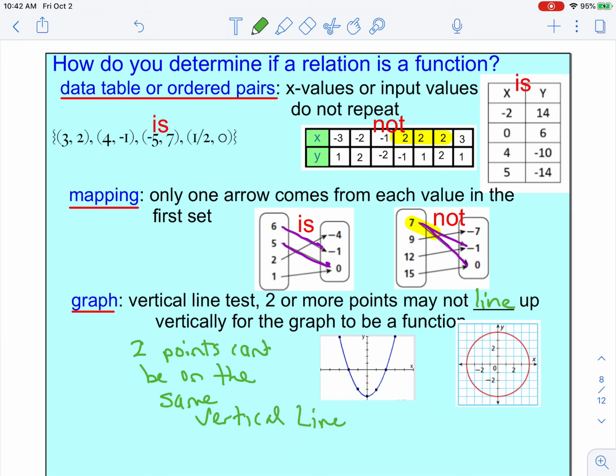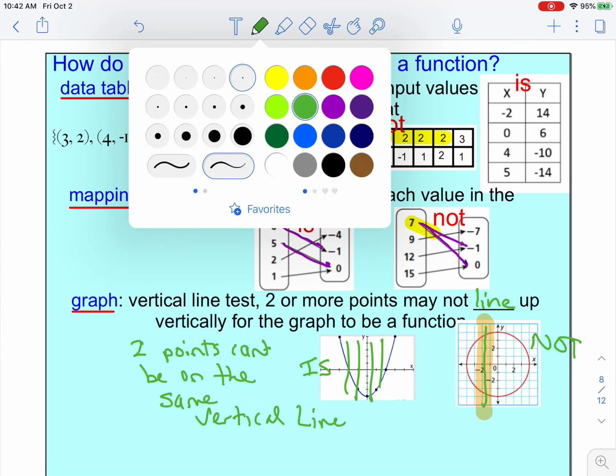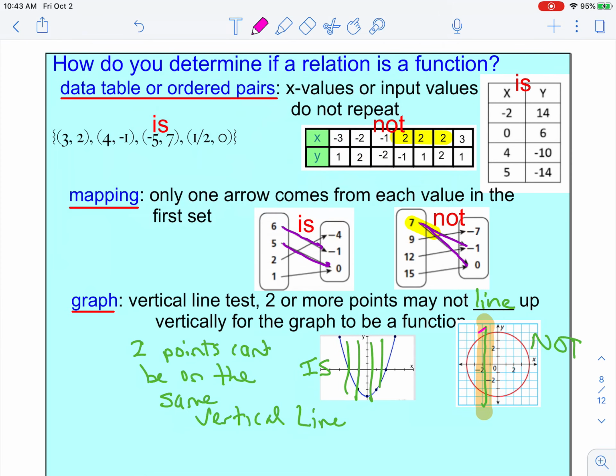So can you figure out whether these are or not functions? Well, this one is. It passes the vertical line test. Wherever I would draw a vertical line, I would only touch my graph once. But over here, this one is not, because if we draw this vertical line, we can see that it hits my graph in two places, right here and right here. So that one is not a function.